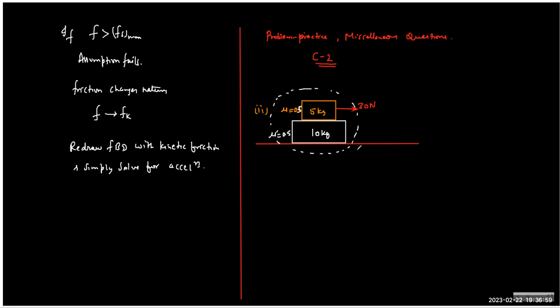Any guess? 30 Newton. Oh, but here both surfaces are rough. So ground will also exert some friction, isn't it? Remember, system is only the blocks, not the earth surface. Is earth our system? No.